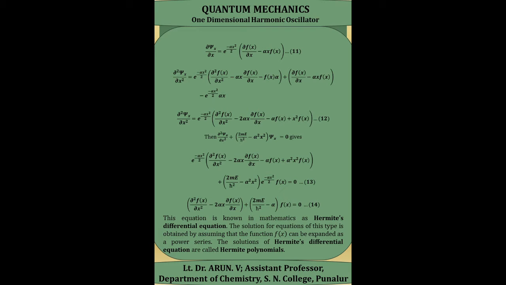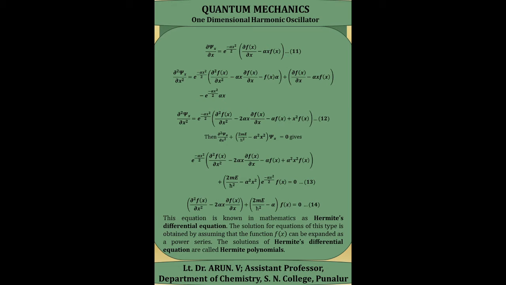On simplifying this, we can write dou psi by dou x equal to e raised to minus alpha x square by 2 into dou f by dou x minus alpha x into f(x). Similarly, find the value of dou square psi by dou x square by differentiating the above equation once more.